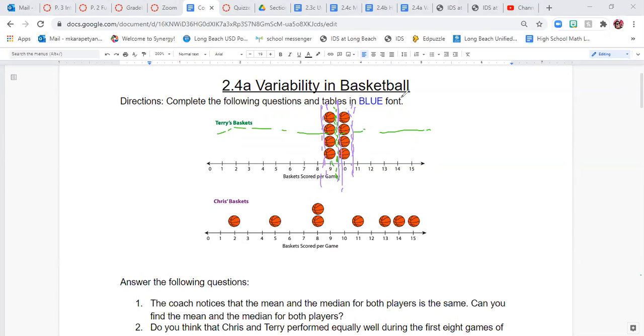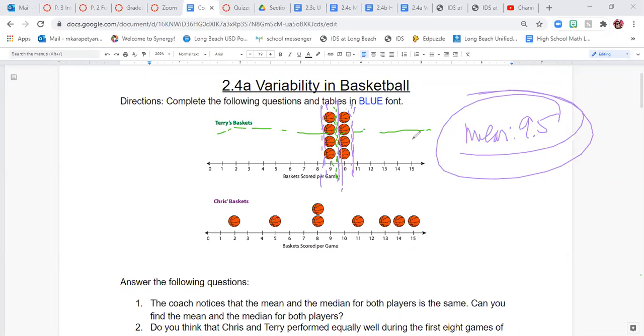Okay, so you're like, what's the point of MAD though? I can visually see that there's more variability with Chris. The point is that a lot of times you're not given a visual representation. You're just given a mean. And if we were just told that our means are 9.5, would you have guessed that there could be these two different sets of data that would get the same mean of 9.5? Just knowing that the mean of the data set is 9.5, would that give you this visual representation?